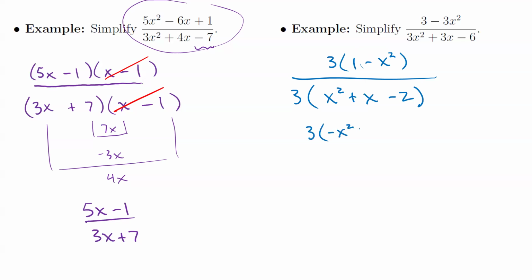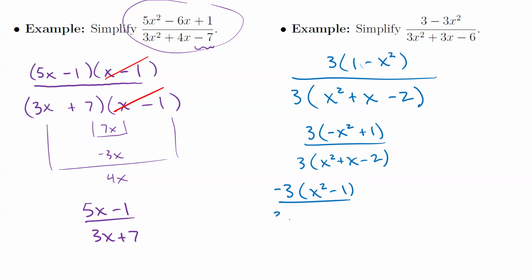Like I did on the previous slide, we can rearrange here so the x squared comes first, and then go ahead and factor a negative out. So we have a positive x squared term.